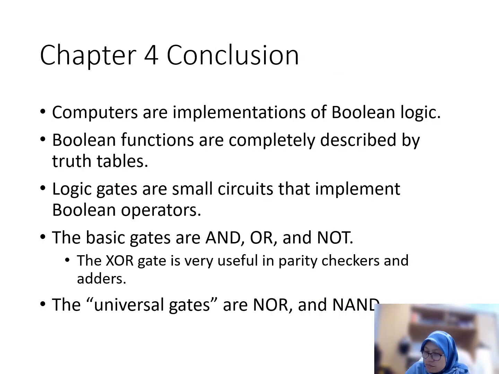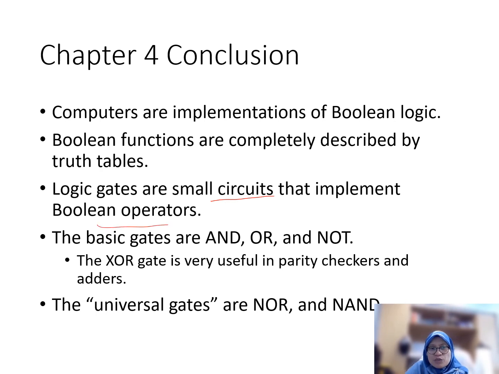Okay, that's all for chapter 4 and chapter 5. So we can see that computers are implementations of Boolean logic, where it can be completely described using the truth table. So from the truth table, we can derive the logic gates. Logic gates are small circuits that implement the Boolean operators.